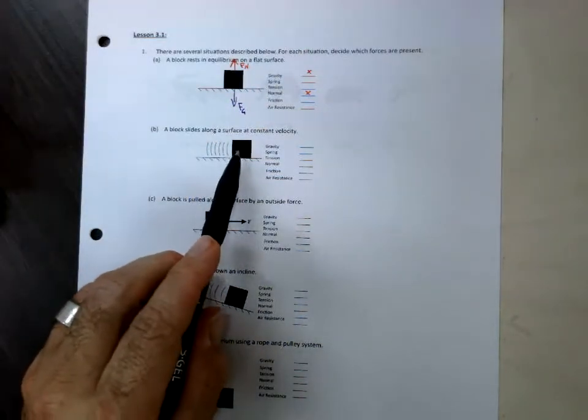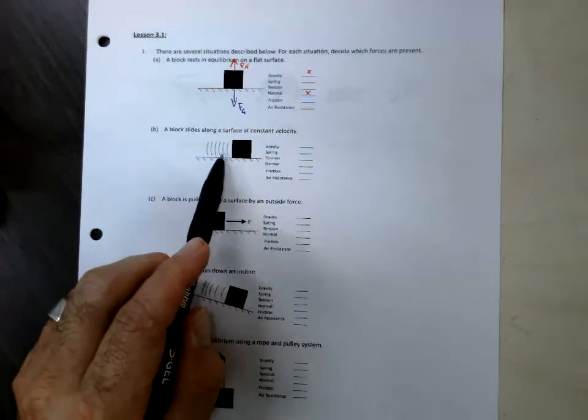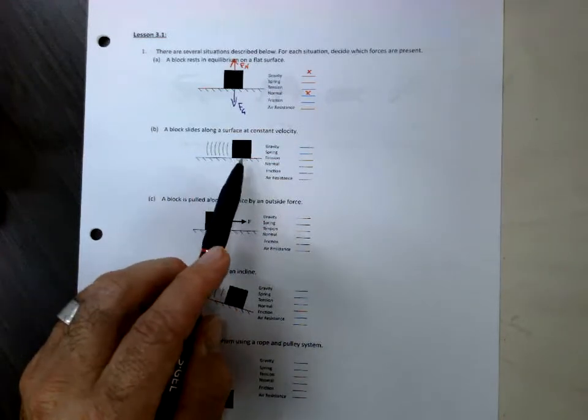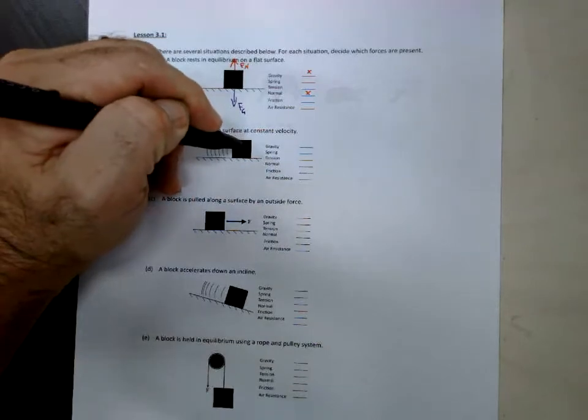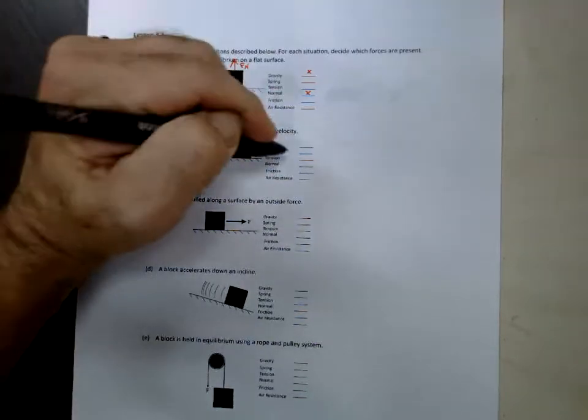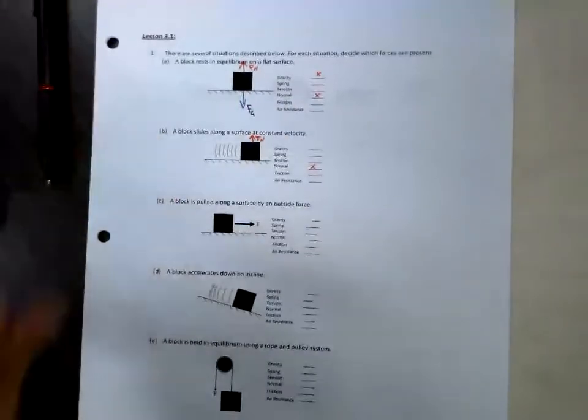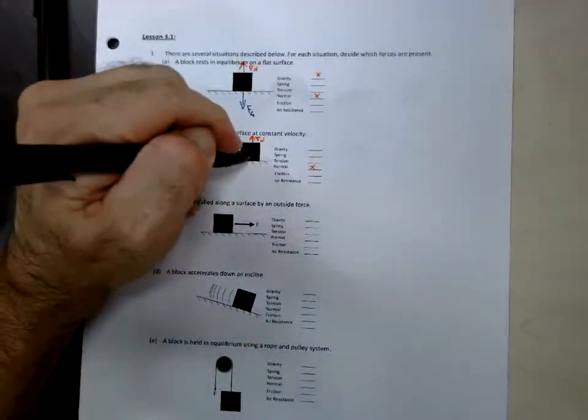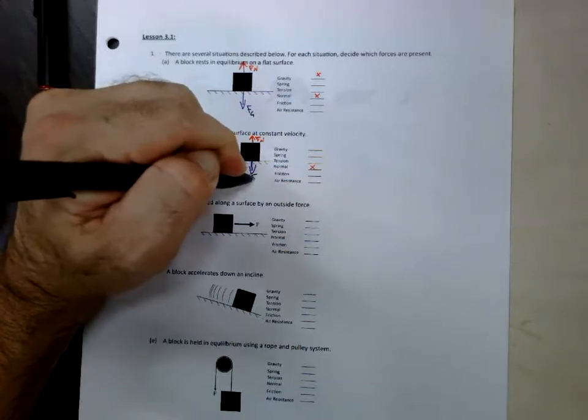In the next block, we have the same block, but now it is sliding at a constant velocity along the surface. So again, you're going to have a normal force going upward, and that will be counteracted by gravity pulling downward.